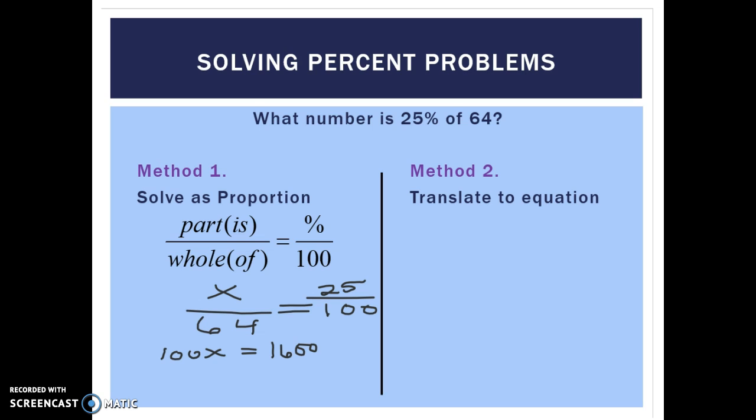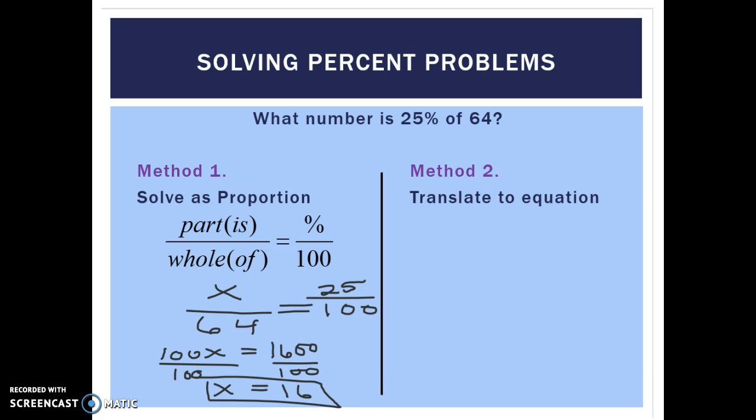And then you divide by 100 to find x. So x is, in this case, equal to 16. So one way to check too, if you do 16 divided by 64, because now this is a proportion, meaning this fraction is equal to this fraction.